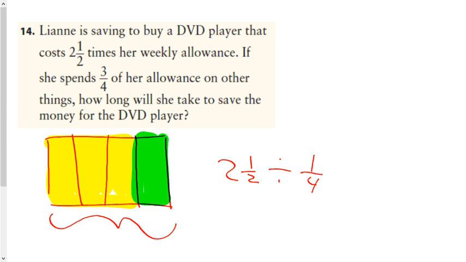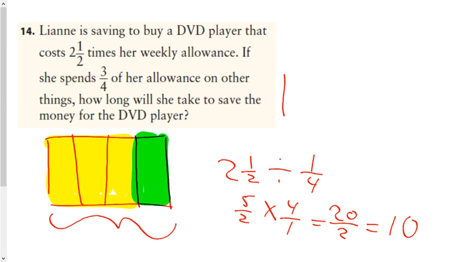How many quarters are there in the 2.5 allowances that she needs? Well, 5 halves multiplied by the reciprocal is 20 over 2, which is 10. Therefore, it is going to take her 10 weeks to save up enough money for the DVD player.